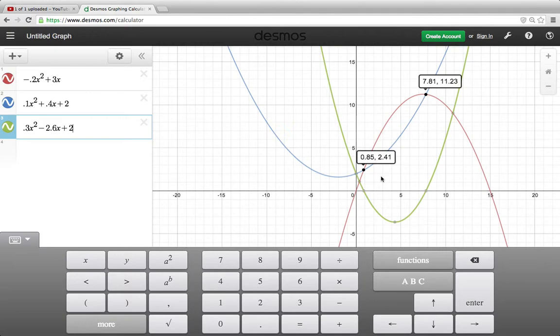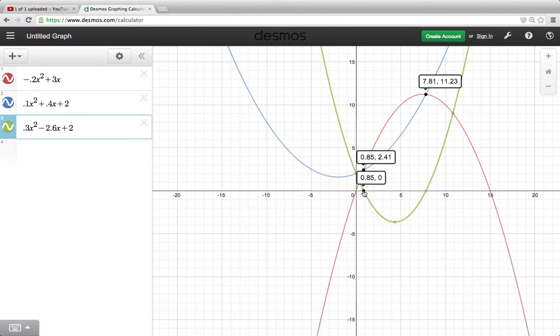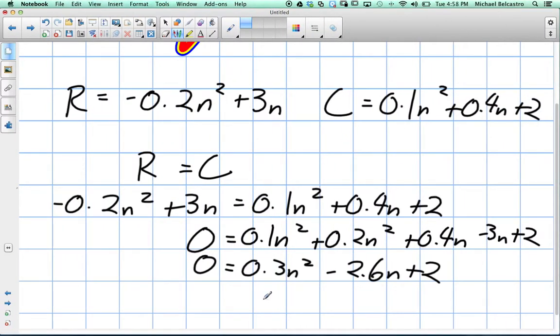By graphing the new equation we built by setting them equal to each other, 0.85. So the x-intercept is actually representing our break-even point, which is the exact same over here. Our x-intercept, again, represents that break-even point and how many we need to sell. If we go back to the equation, we can find out where it's greater and less than, okay?